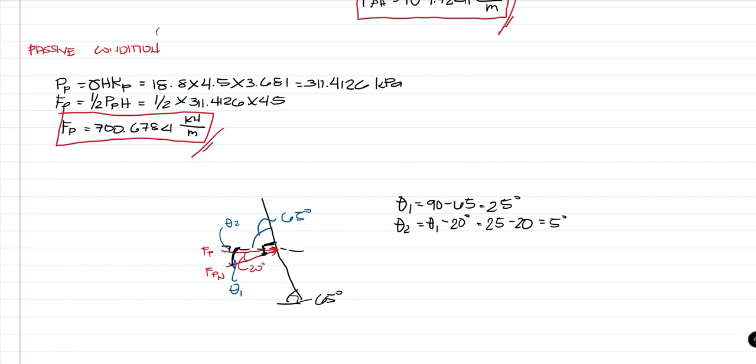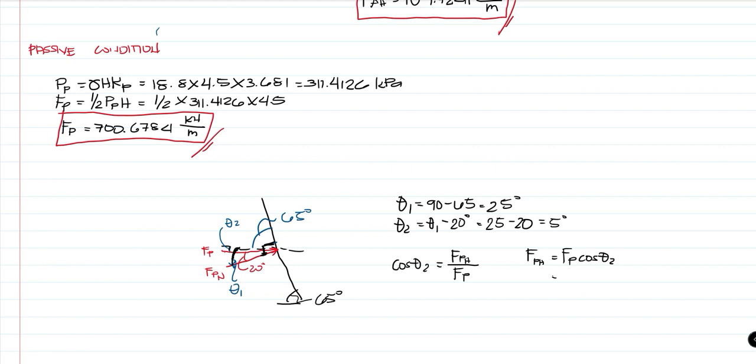And yan na ngayon yung gagamitin natin para mahanap yung horizontal component nung passive earth force. So that will be cosine of theta 2 is equivalent to a value FPH divided by the passive earth force. So that is a cosine function. So arranging this term, we can have FPH equal to FP cosine ng theta 2.